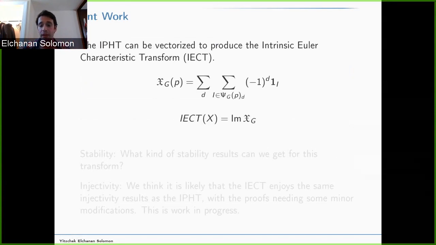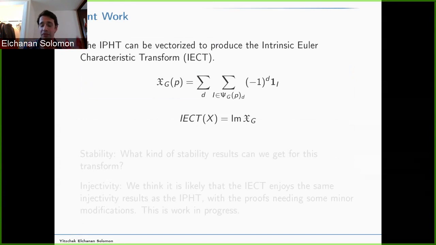So instead of psi, I'm going to take this functor chi, and what you do is you take the usual IPHT, so you get these collections of bars, and then you look at the associated characteristic function, and then you just sum it, again with the sign coming from the dimension.